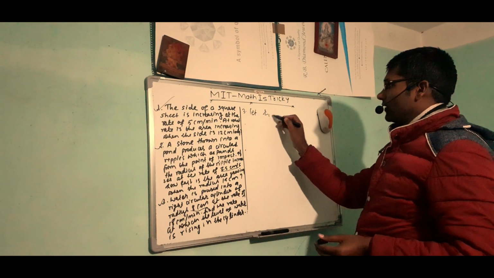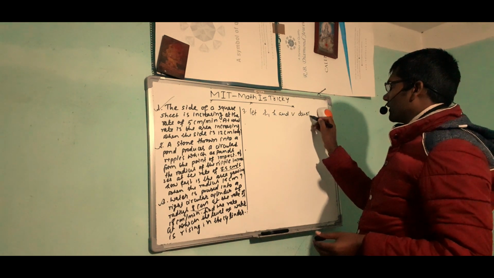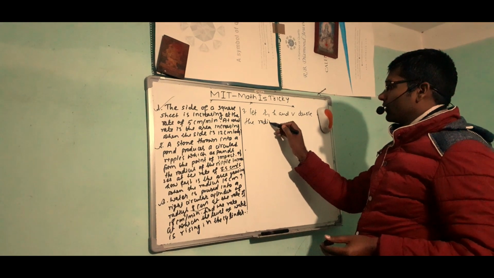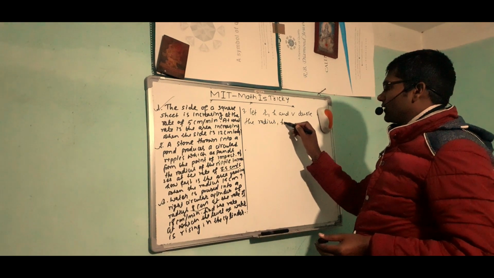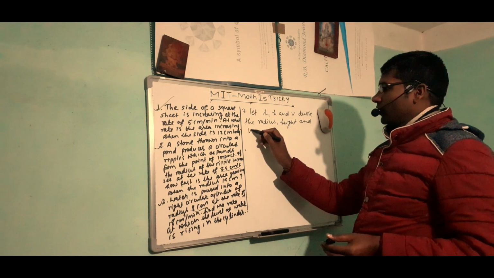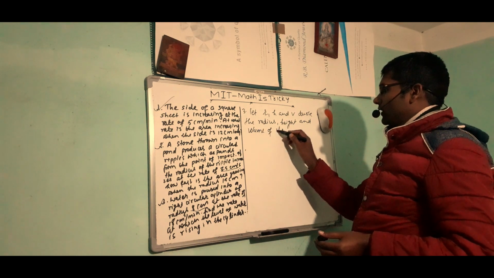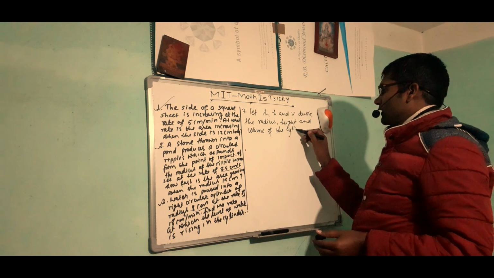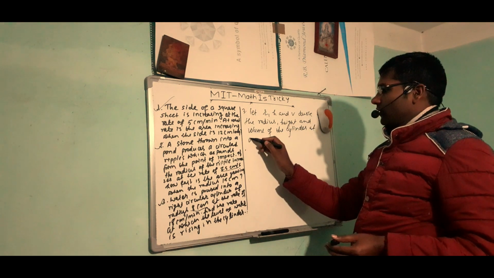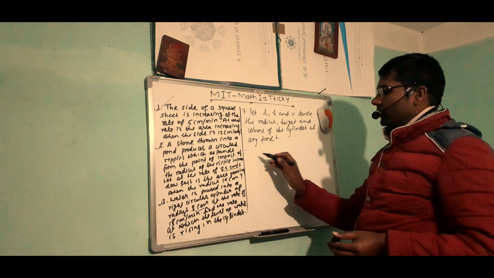Let r, s and v denote the radius, height and volume of the cylinder at any time t.